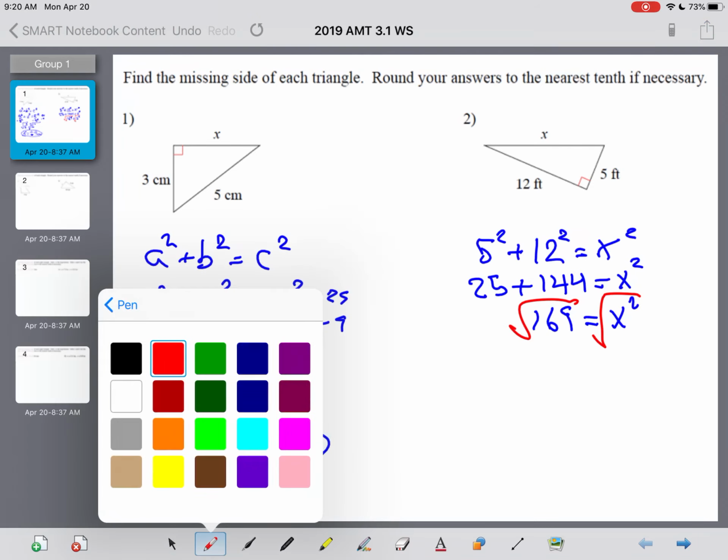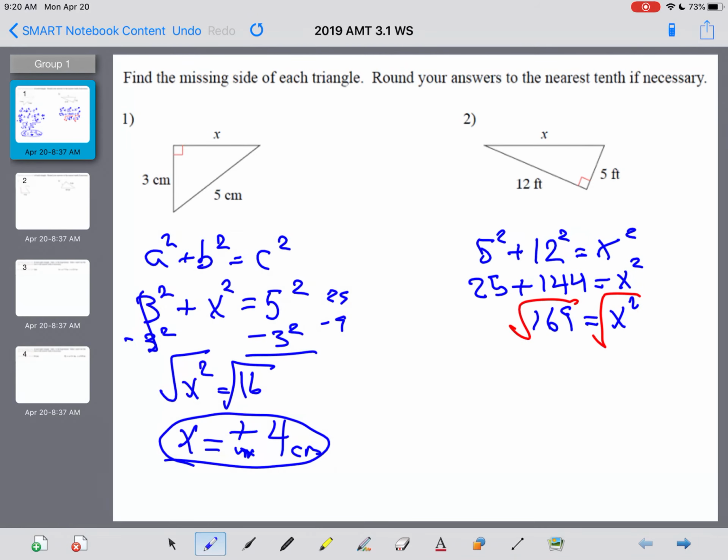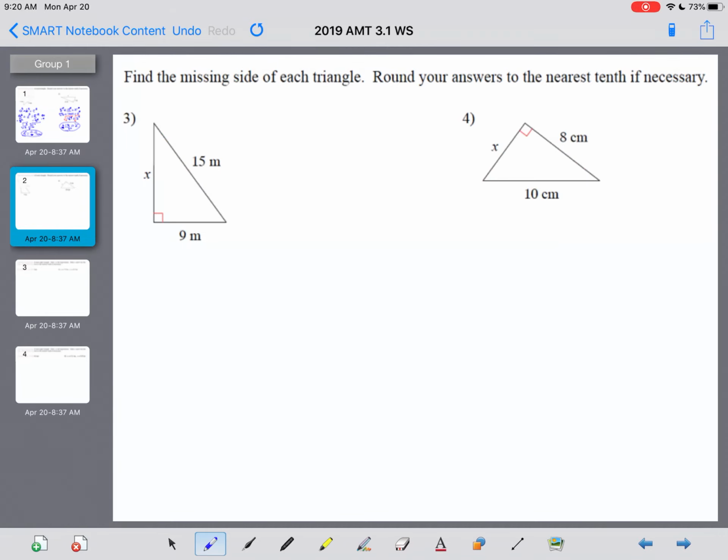And that leaves us, if we need to hop on the calculator, that's fine. So x equals plus or minus exactly 13. And again, it's a length, so it can't be negative, and we're talking feet. So these have a nice little rhythm to them. So again, x squared, 9 squared, 15 squared, x squared, 81, 225.